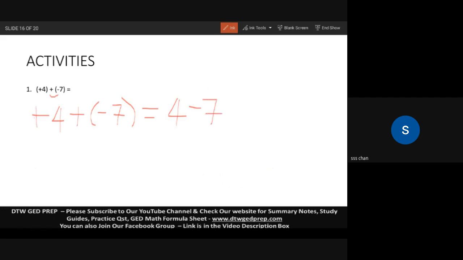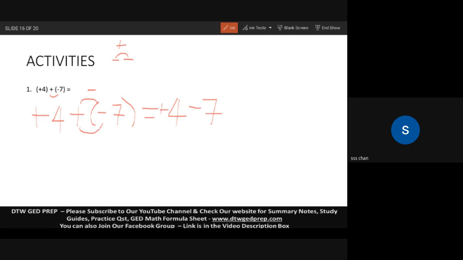Adding negative 7 is the same thing as subtracting 7. What does that mean? Remember, what we just finished was negative, negative is the same thing as adding. But when you have positive, negative, it is the same thing as subtracting. So you have positive 4 minus 7.